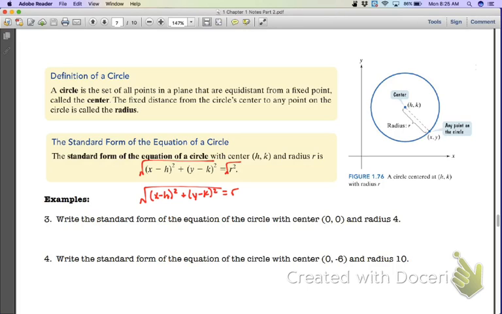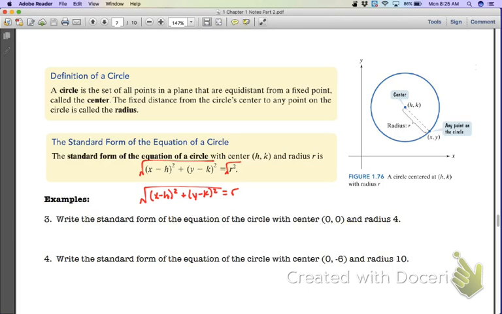So the standard form of an equation of a circle is like the older brother or younger sister of the distance formula. They are related. It's just a matter of looking a little bit different.